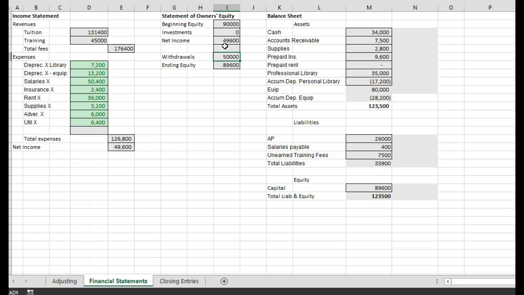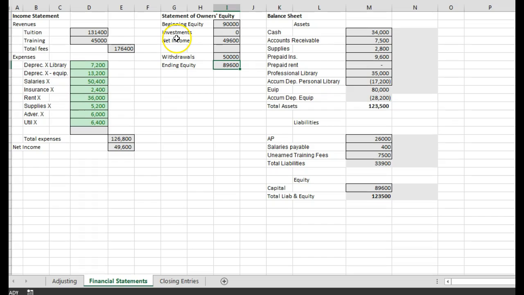And we have to eventually get these two amounts into the capital account or the retained earnings. So bear that in mind. At this point, this is just on a piece of paper. It has not been put into the general ledger, and that's our next step.